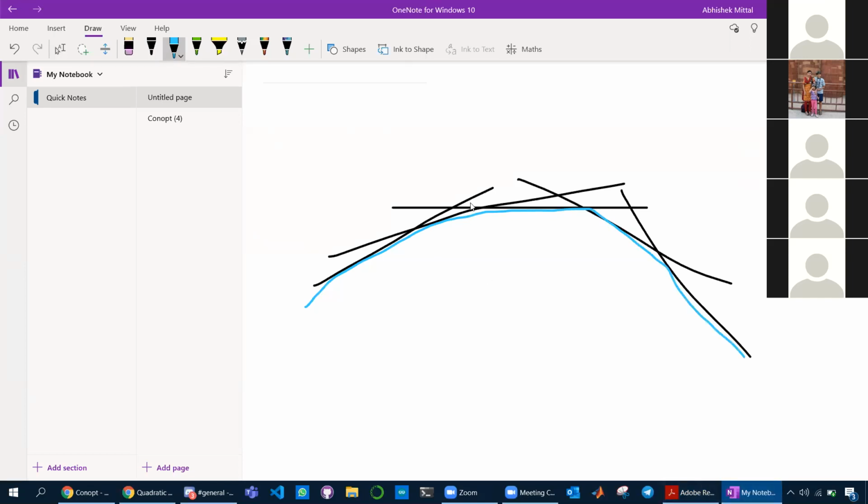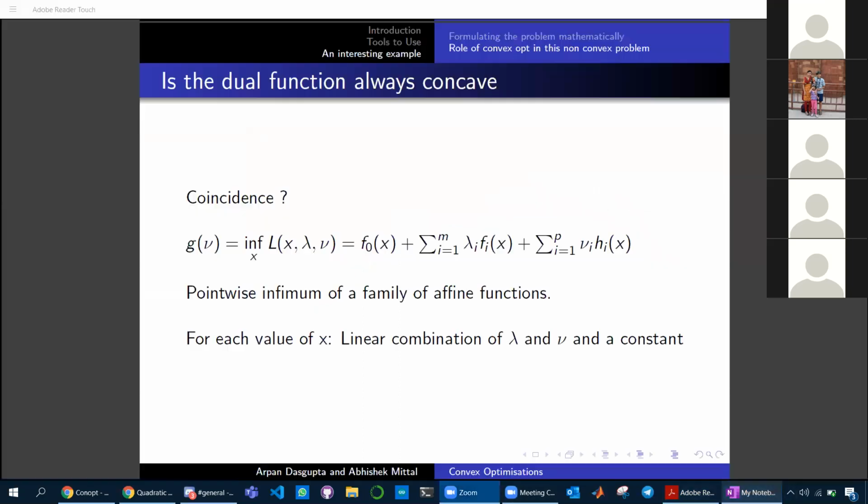So this was the geometric interpretation of why g of lambda comma nu is a concave function.